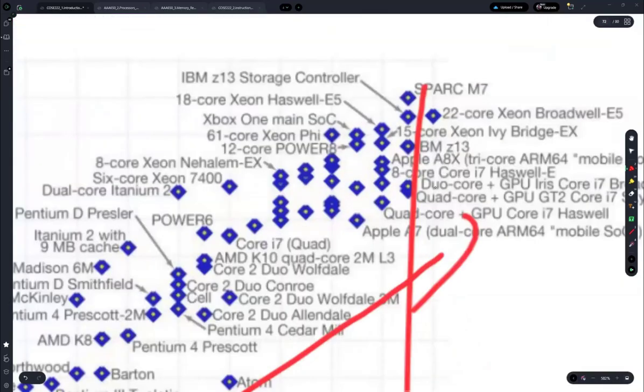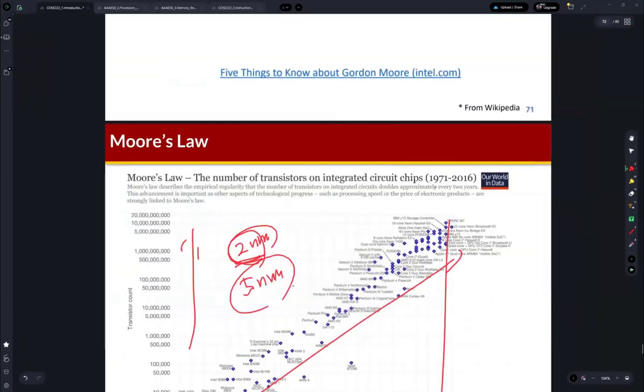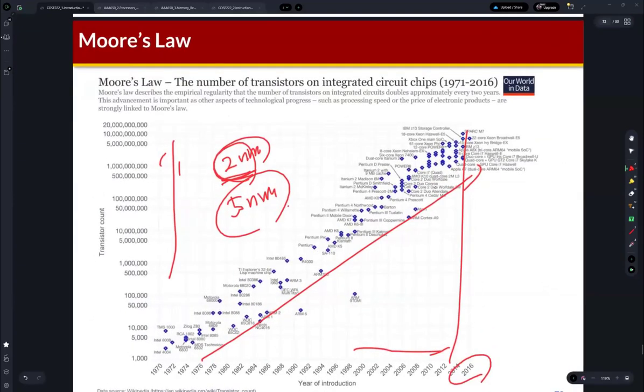This number represents the width of the transistor channel, and the electrons pass through this channel. That's how the semiconductor works, right?